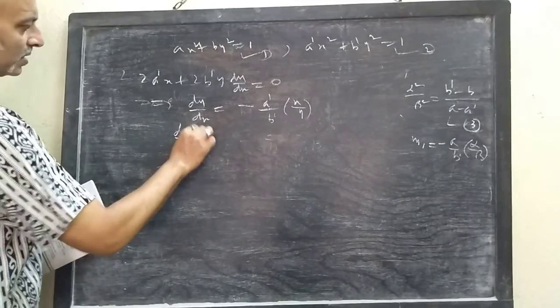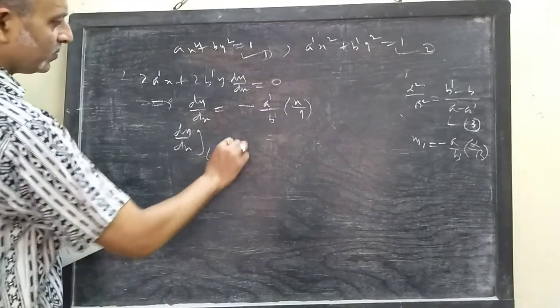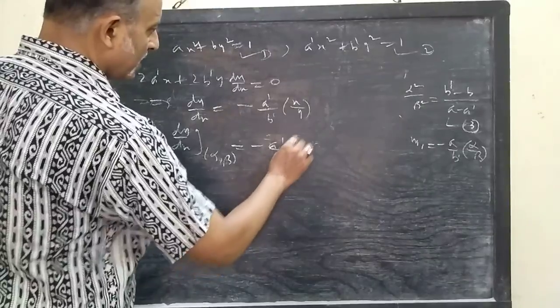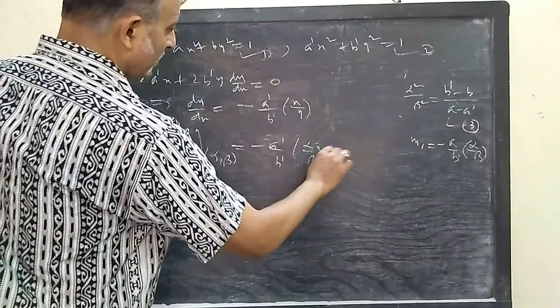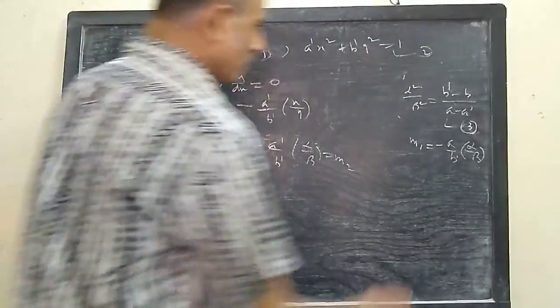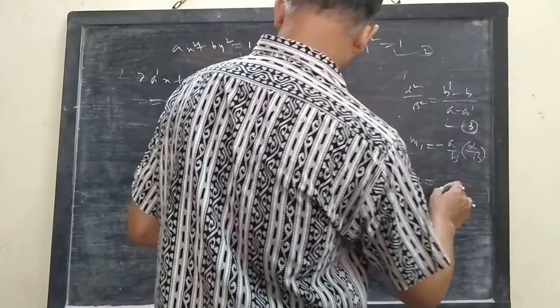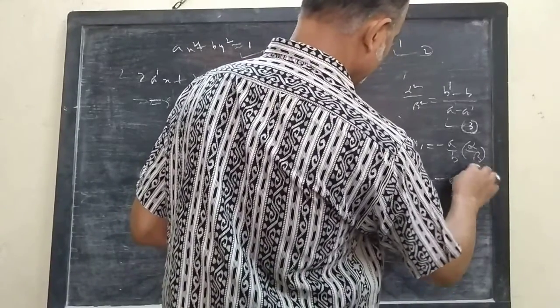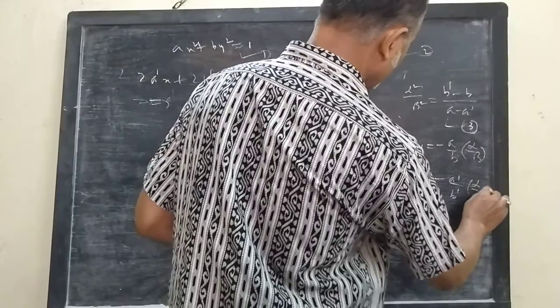Therefore dy/dx at the point of intersection (alpha, beta) is minus a dash by b dash into alpha by beta. We consider it as m2, so m2 equals minus a dash by b dash into alpha by beta.